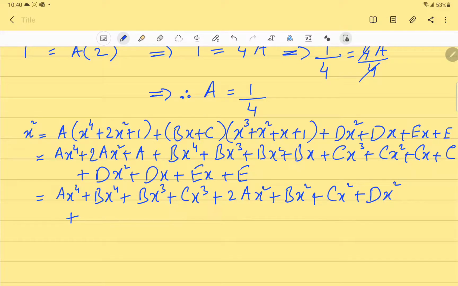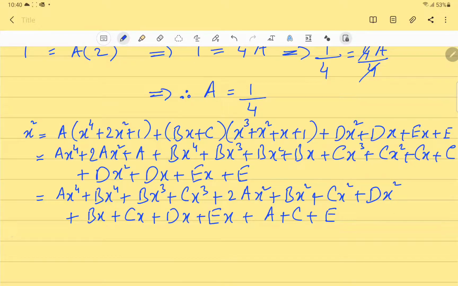And now we look for the terms which are with x variable, so it is bx plus cx plus dx plus ex, and in the end we are left with a plus c plus e, which are without any x.